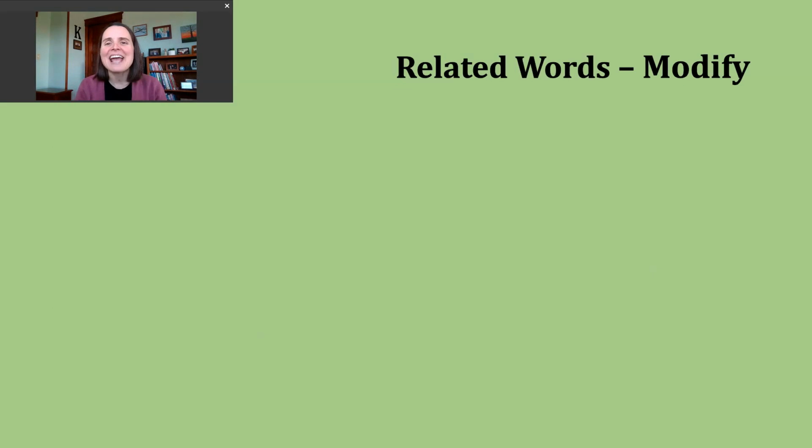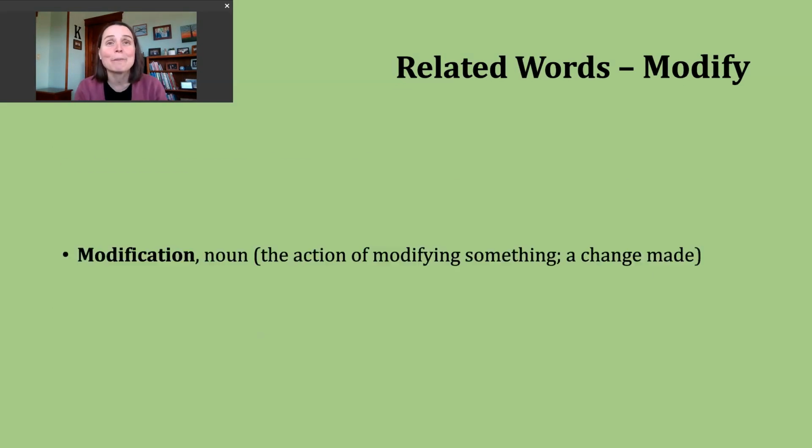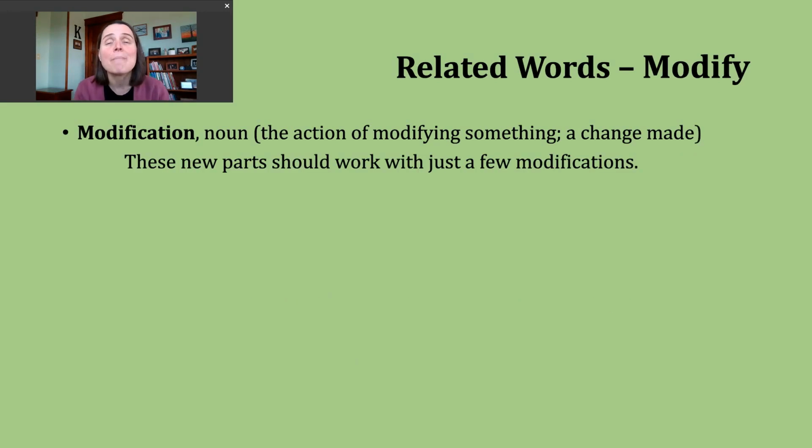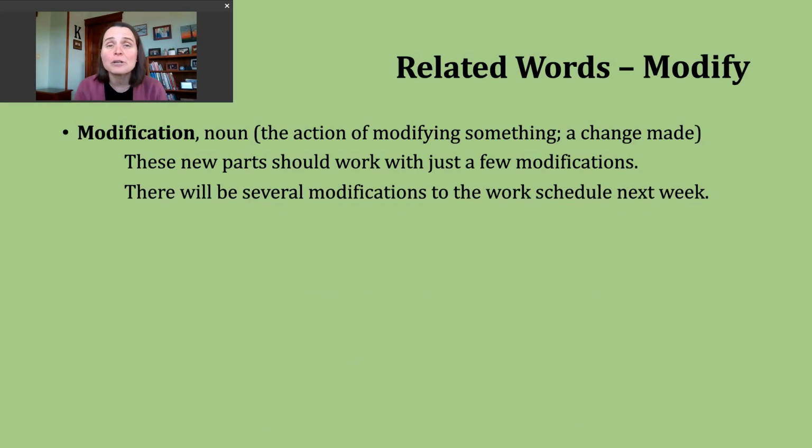Now, let's move on and talk about some words that are related to our verb modify. And the first word we're going to discuss is the noun modification. The noun modification can have a couple different meanings. We're going to talk about two of them. The first is just to describe the action of modifying something or changing something.